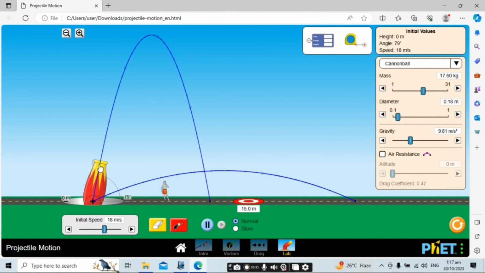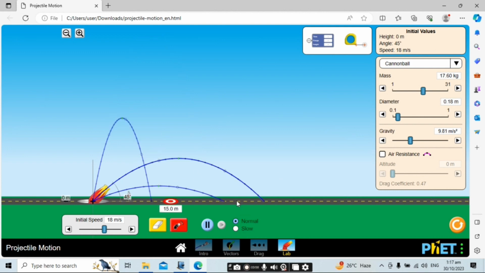Okay, kagaya ng 80 kanina. Okay, ito yung pinalabasan. Okay, ngayon paano naman kung eksaktong 45? So let's launch. Okay, nakita ninyo, the 45 degree angle will give you the maximum range. Okay, siya mayroong pinaka malayong narating na range.